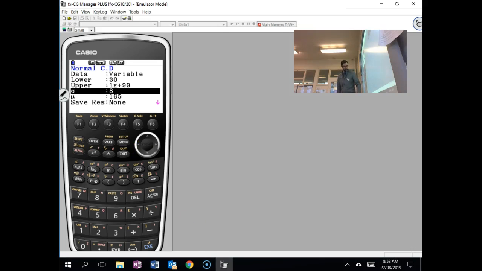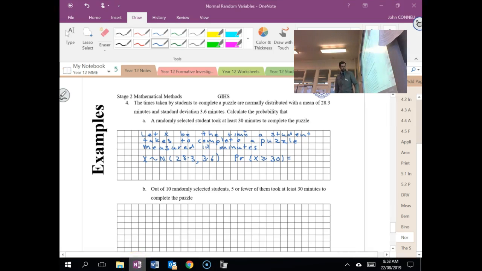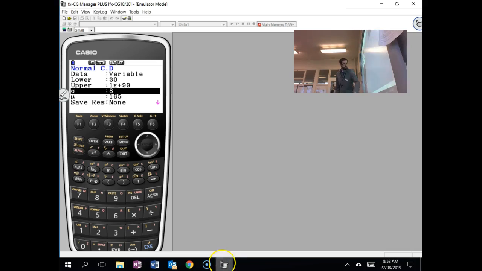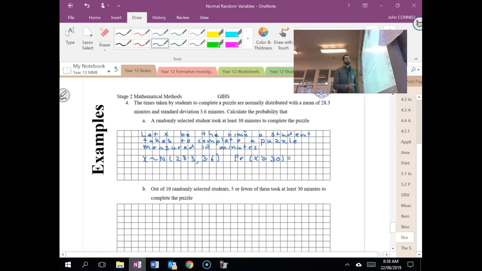Now, our standard deviation was 3.6, and our mean was 28.3. So if I go through and calculate that, it's going to be 0.318. So the probability that somebody's going to take at least 30 minutes, or 30 minutes or more, is 0.318.